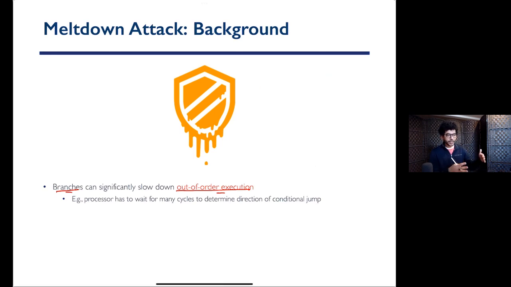Now, speculative execution doesn't change your actual registers or your memory. It changes your TLB, it could change your cache, but it doesn't change your architectural state. That's why it's safe. If an exception happens, you can throw away all the temporary logic that you have because your registers and your memory are safe. They haven't changed.